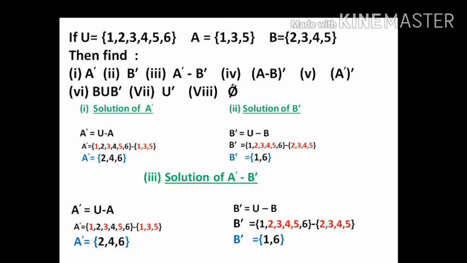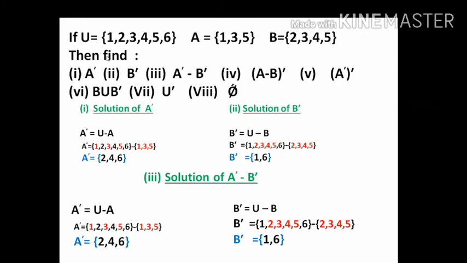Now I will explain this method by the following example. If U is equal to 1, 2, 3, 4, 5 and 6. Class, this is the universal set, please remember it. A equal to 1, 3, 5, B equal to 2, 3, 4 and 5.